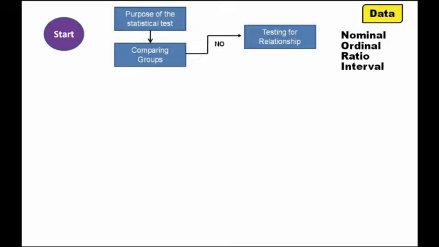Pag sinabi mo that learner A is 5'6", and si learner B ay 5'4", ibig sabihin, matangkad si learner A. Kasi absolute ang height. When we talk about interval, ibig sabihin, 0 is arbitrary. There is no absolute meaning of 0. Iba-iba ang interpretasyon at meaning ng 0. Example, scores in a test.